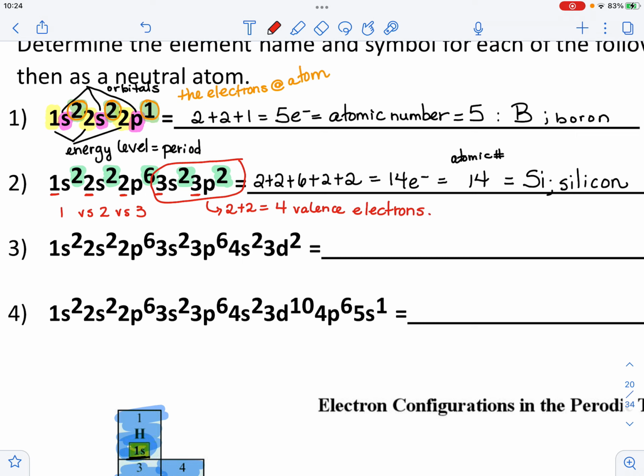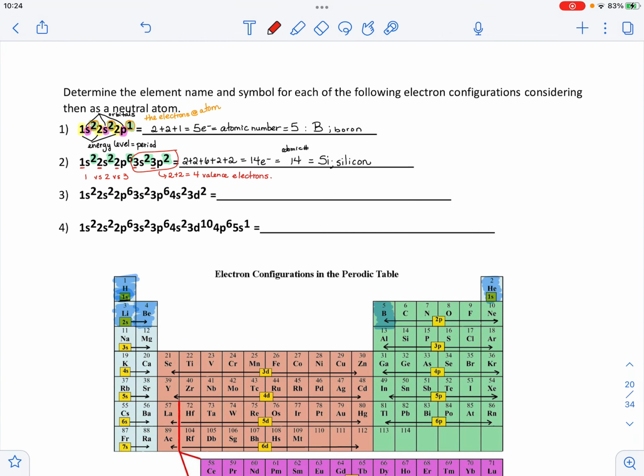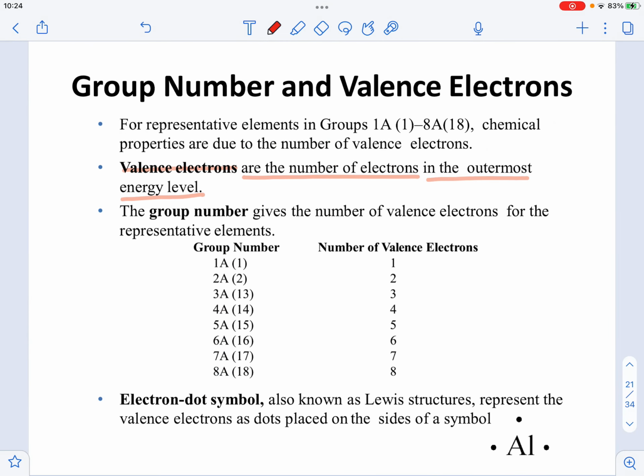Now, there is an easier way to do this, specifically because silicon is a representative element. For representative elements, their group number will tell you how many valence electrons they have. As you can see here, if you're in group 1A, 1 valence electron.